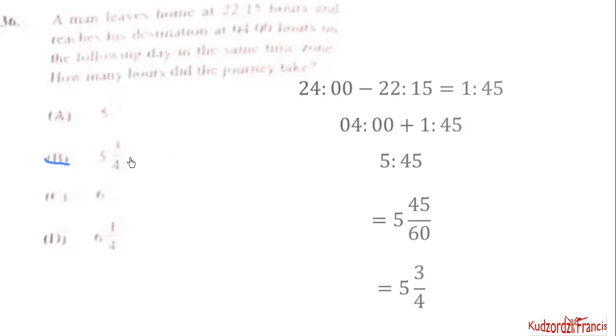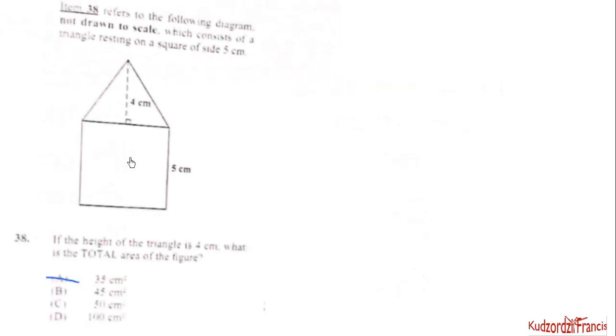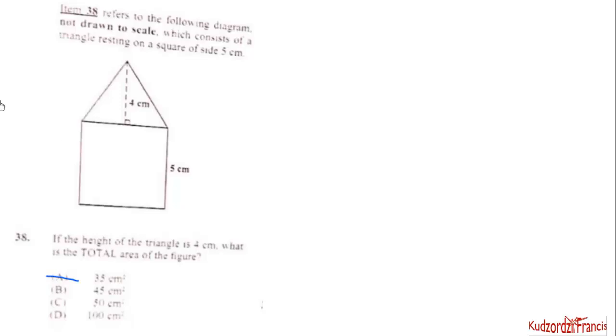Now let's look at the next question. Item 38 refers to the following diagram, not drawn to scale, which consists of a triangle resting on a square of size 5 centimeters. If the height of the triangle is 4 centimeters, what is the total area of the figure?